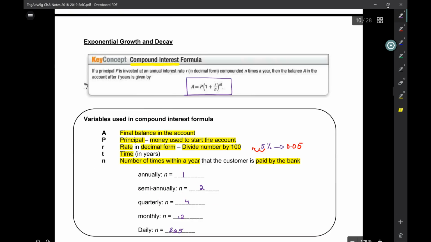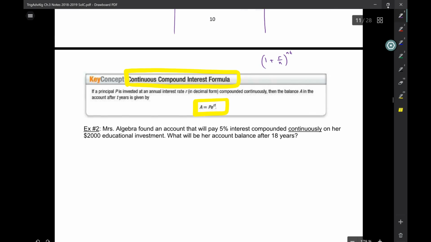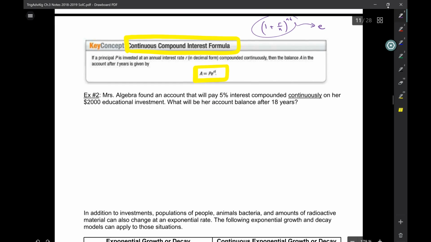So that formula will just be P e to the RT. It's kind of the same thing, but now n is not 12 or 365. n is infinity now. That's the thing.